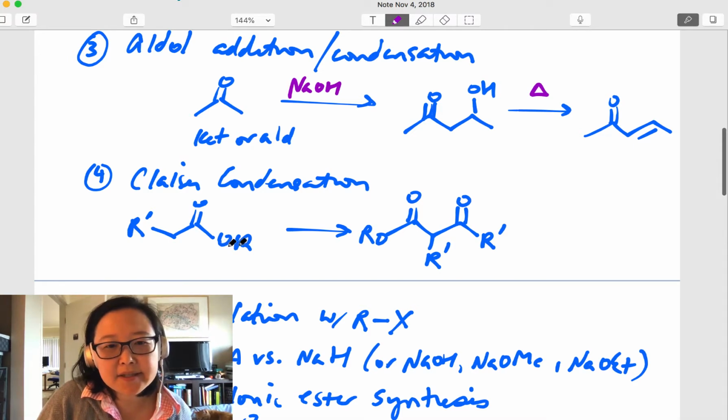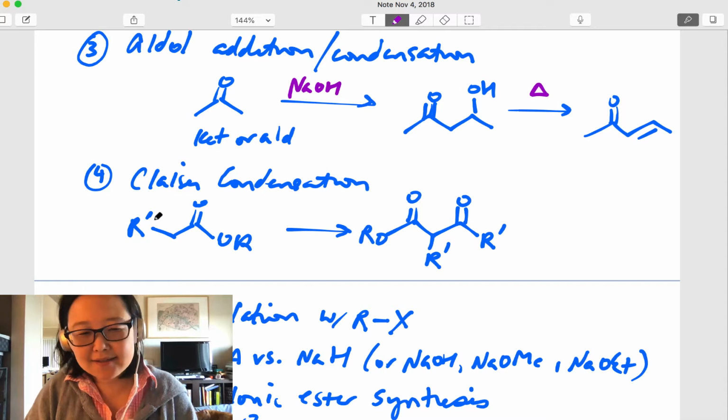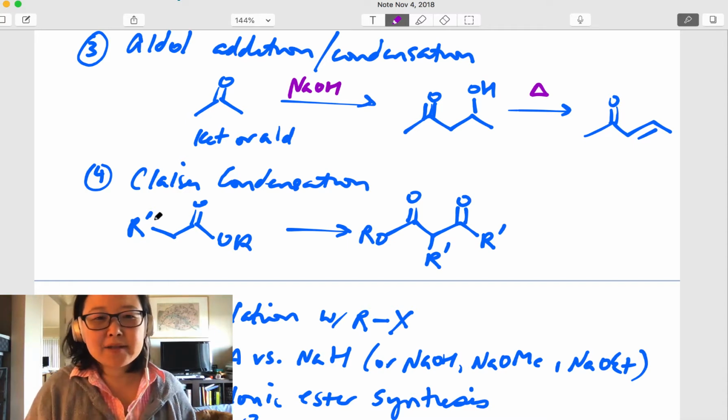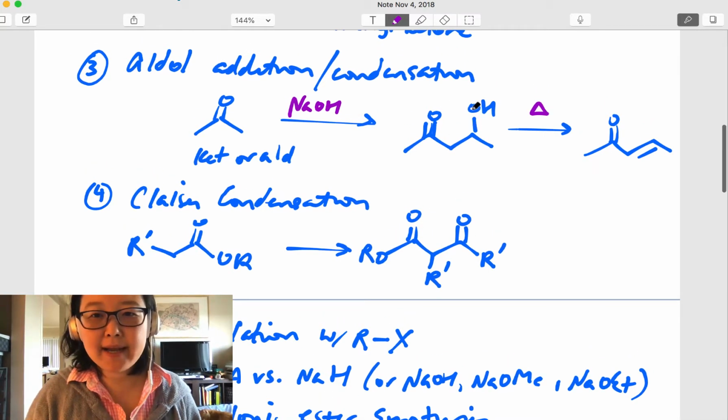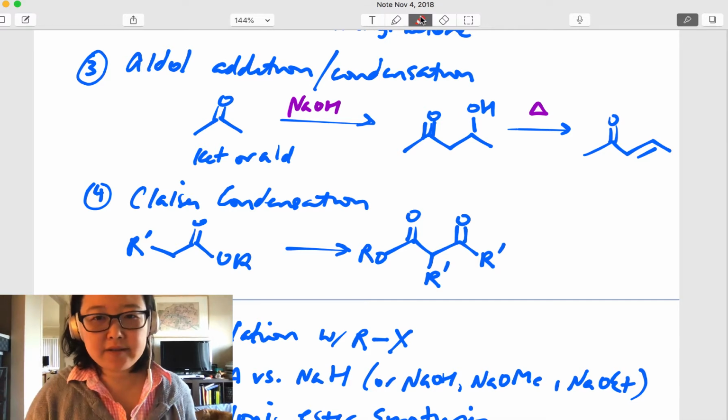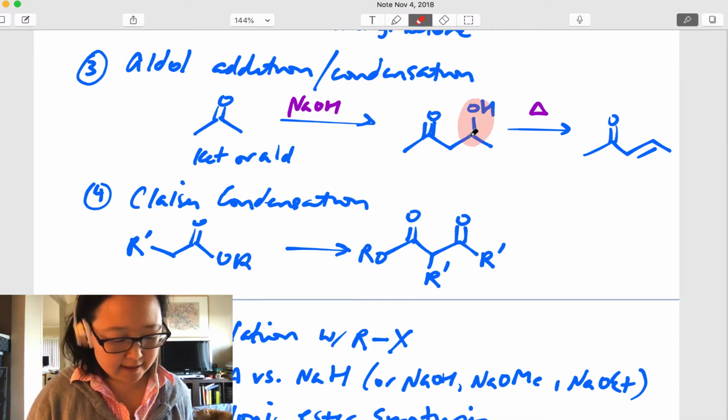So with the ester, it adds to another one like itself, unless it's specified that there's a different one. The ester adds to itself, and we get this product. So it's a beta keto ester. Whereas here, for the aldol, we had a beta hydroxy ketone or aldehyde. Okay, so there's differences, and I encourage you to look for those differences like here and here.